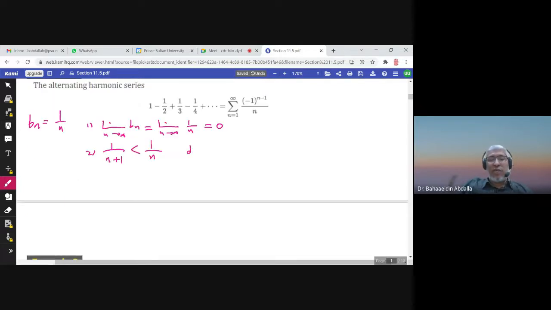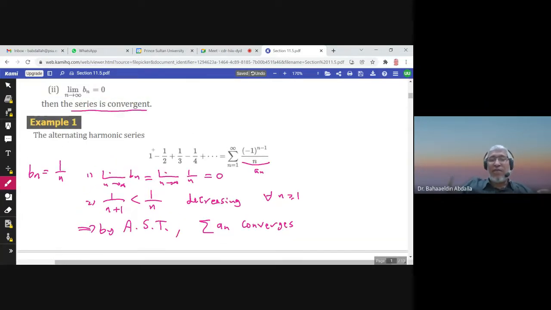So it is decreasing. bn is decreasing for all n greater than or equal to 1. So it satisfies the two conditions. So by the alternating series test, summation an converges, where this is an. So summation an converges.